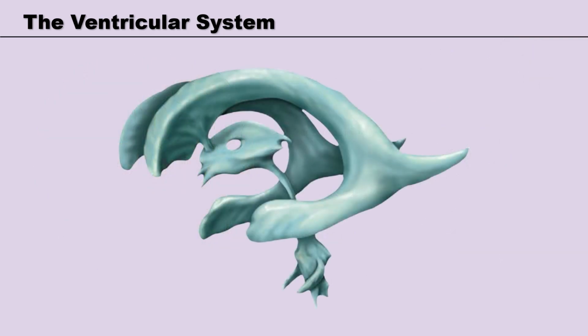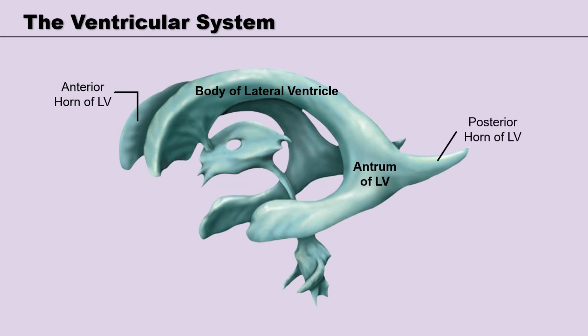But how do these ventricles look? What is what? Well, we have two lateral ventricles that sit one in each cerebral hemisphere as a mirror image of each other. They are formed by a body, an antrum, an anterior horn, a posterior horn, and an inferior horn.